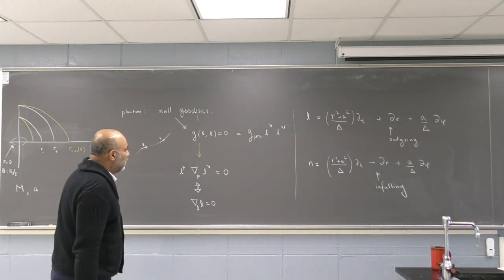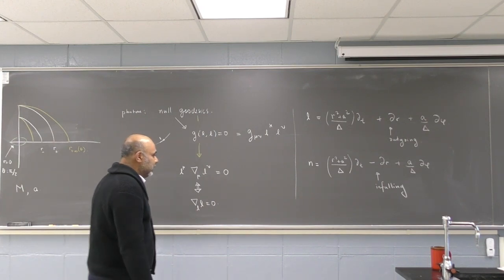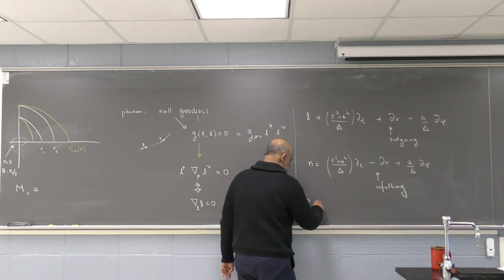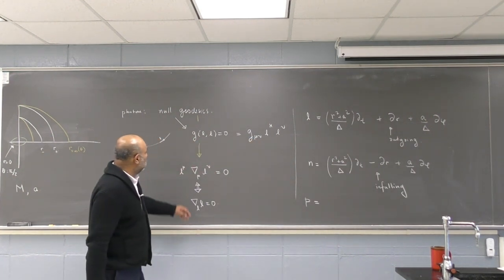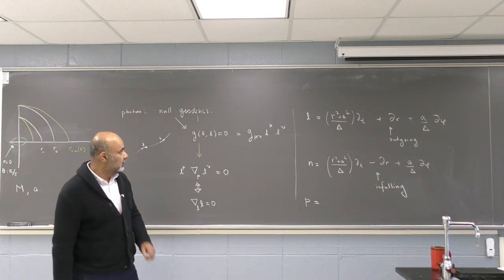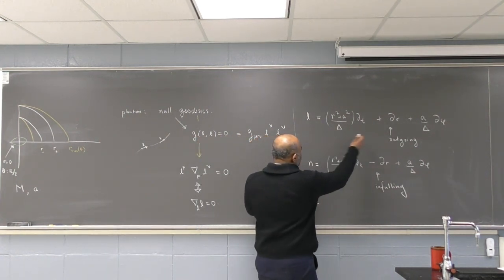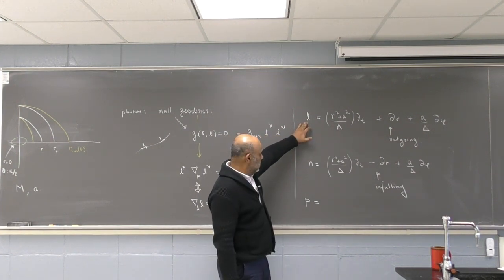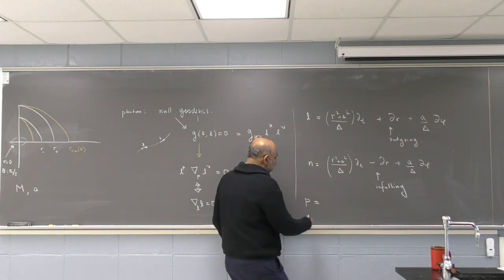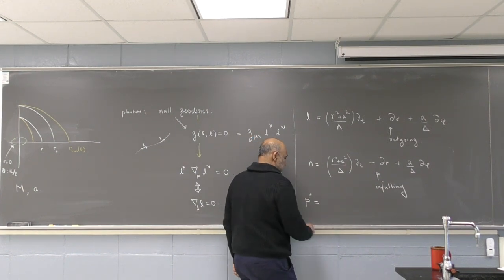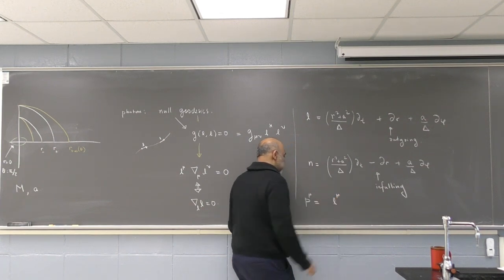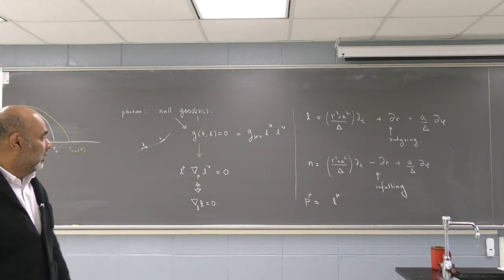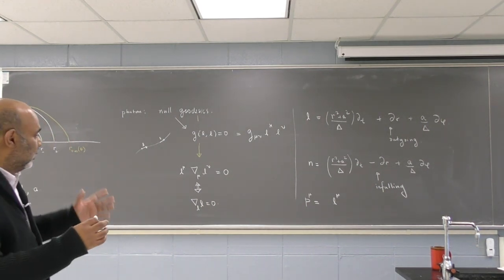Okay, so if you have a null geodesic, the energy momentum 4 vector is simply something that is proportional to the null geodesic itself. Let's say we're talking about the outgoing beam of light. So the energy momentum 4 vector, maybe we can write it like so, is proportional to L mu. Now this photon could be blue light, could be green light, so it could have various frequencies, various colors.